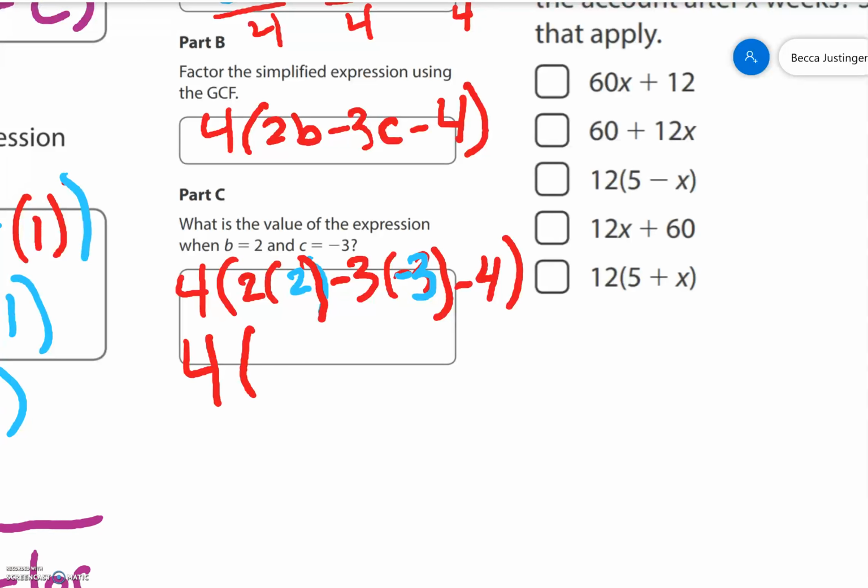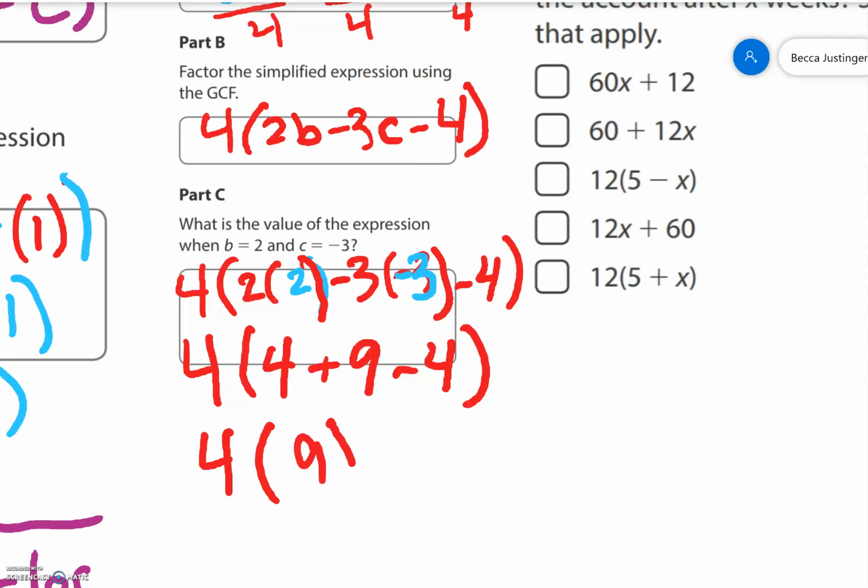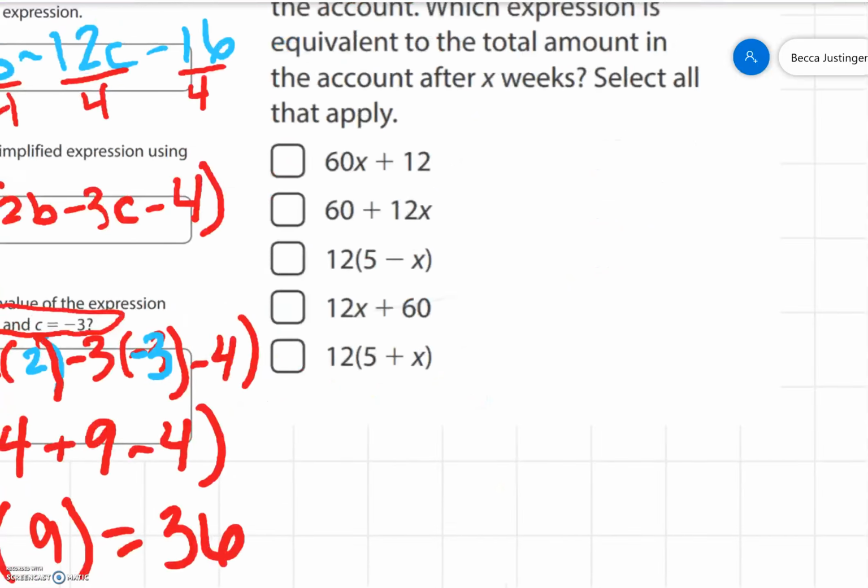So I'm going to multiply. 2 times 2 is 4. -3 times -3 is +9. And we've got our -4. Inside the parentheses, 4 plus 9 minus 4 equals 9. 4 times 9 is 36. You could also plug those back into the original expression and still get the same answer like we did before.